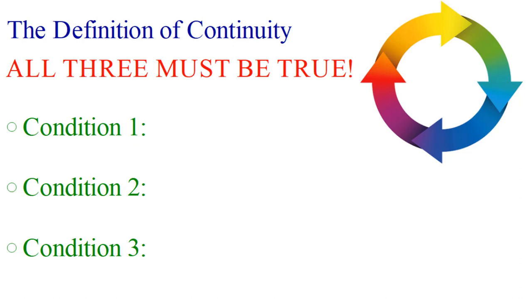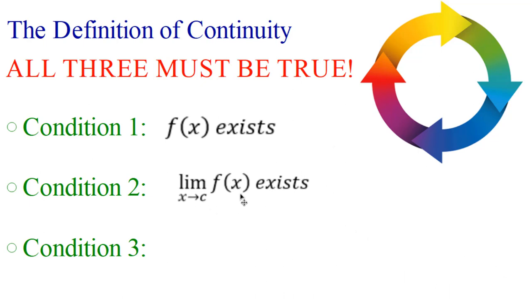First of all, what's our definition for continuity? This might be a little bit complex right off the bat, but it's really pretty easy. There have to be 3 conditions. First, f of x, that function, must exist. That's condition number 1. Number 2 is that the limit as x approaches some value c of that function must exist, which means the limit from the left side and the limit from the right side have to meet up.